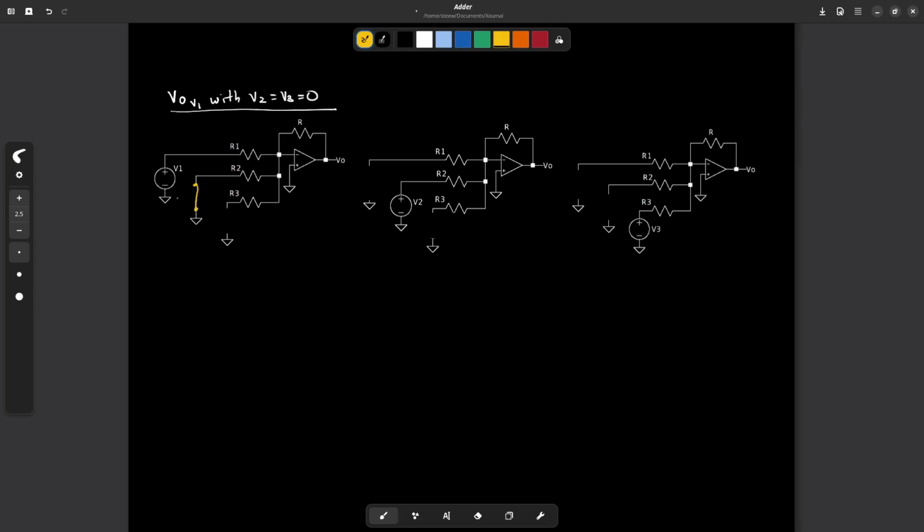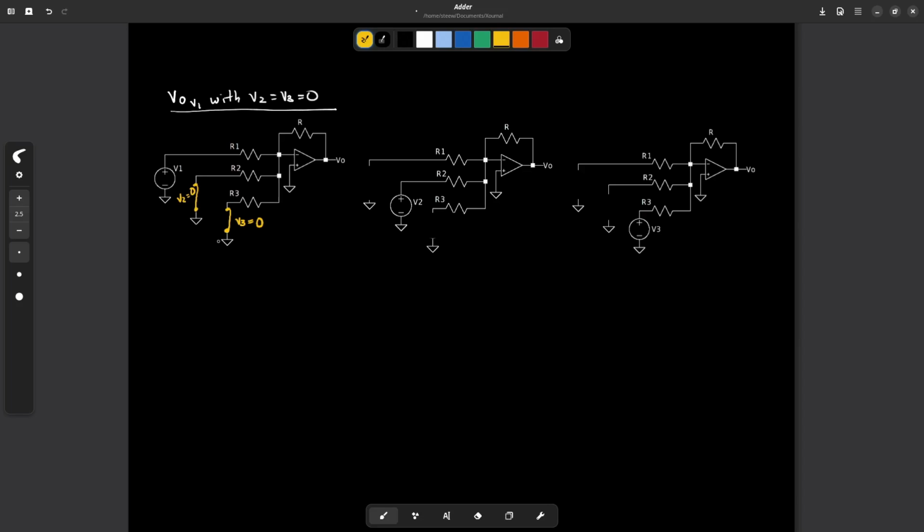This is V2 equals 0. If we had a current source there, we simply take it out, okay? Because to nullify a current source means to make it 0. It means that it is an open circuit. For V3, we do the same. We short circuit where we had V3, which means V3 equals 0.